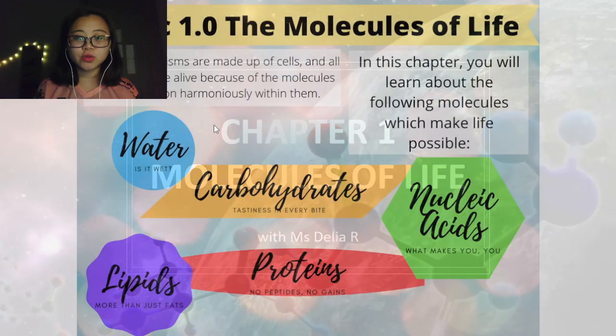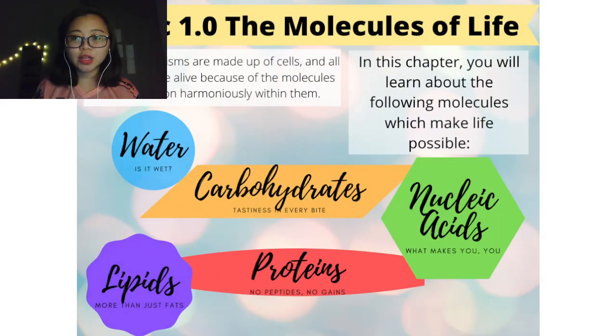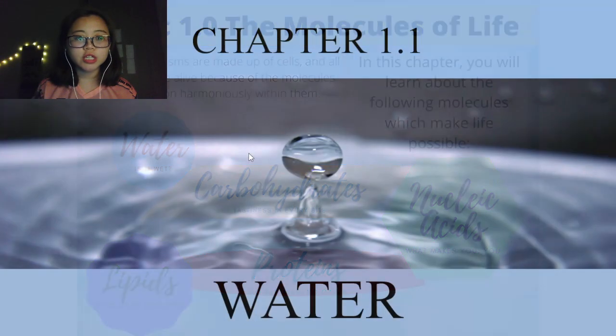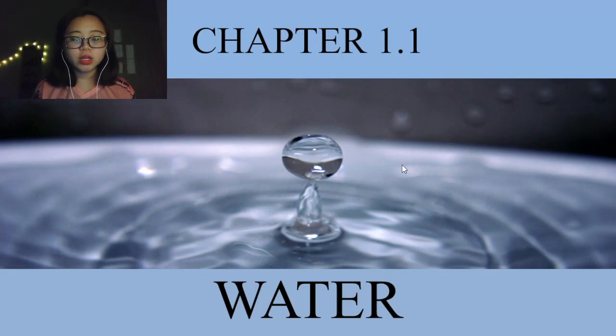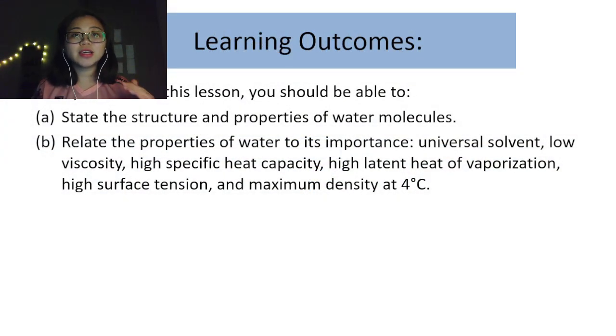Chapter 1, Molecules of Life. So this is an overview of the chapter that I have given you during the Google Meet. And we are going to look at this very first molecule, which is water. So chapter 1.1, water. Here are the learning outcomes. With every chapter, with every subtopic, we have learning outcomes. So what should you know by the end of this lesson?